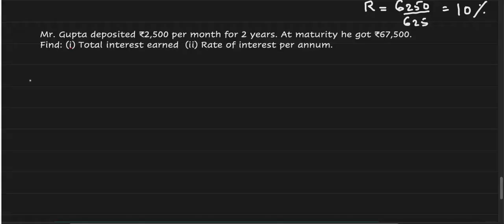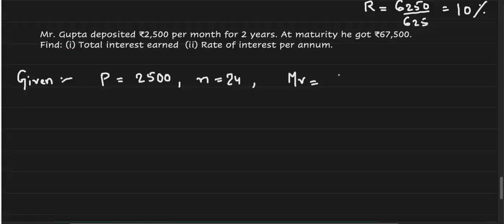So what we will do here, what are the things given? We have our P, that is 2500, our N 24, and maturity value 67,500. 67,500 is the maturity value.